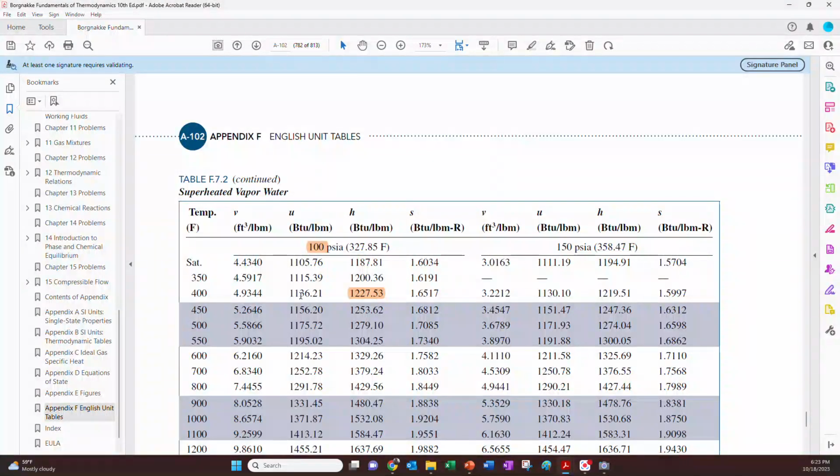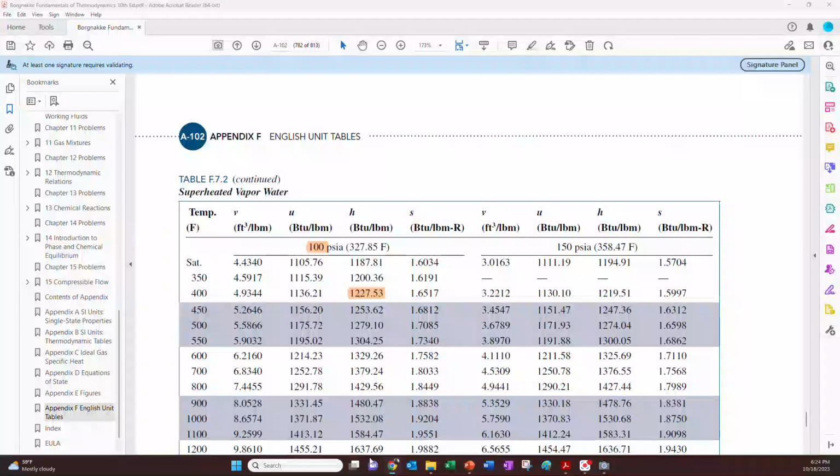So here's our H. This is table F.7.2. We said that H1 is at P equals 100 psi and T1 is equal to 400 degrees Fahrenheit. H1 is 1,227.53 BTUs per pound mass.